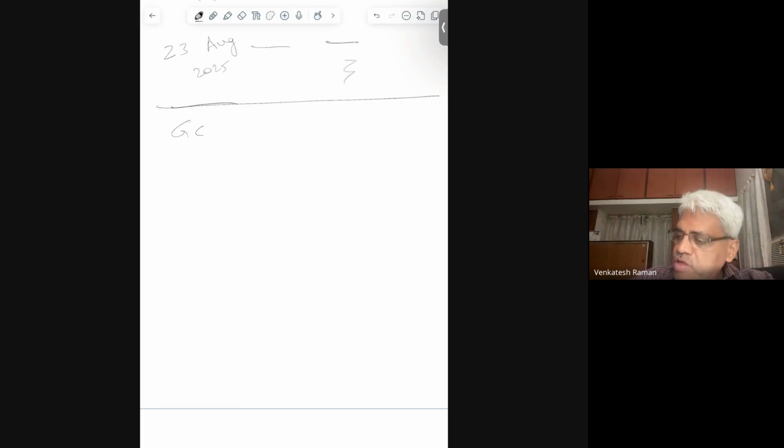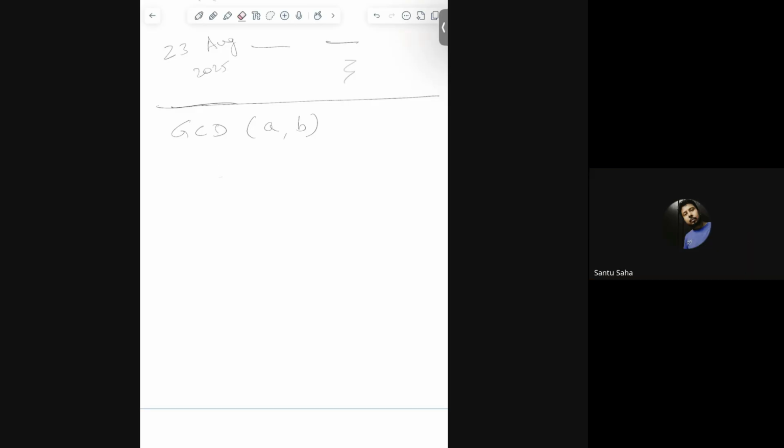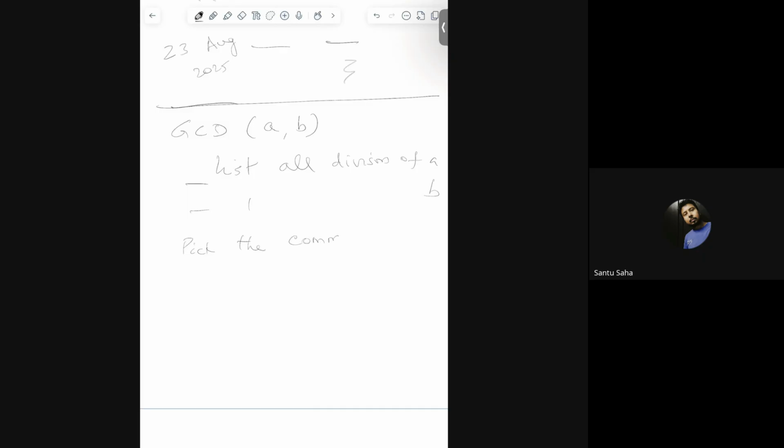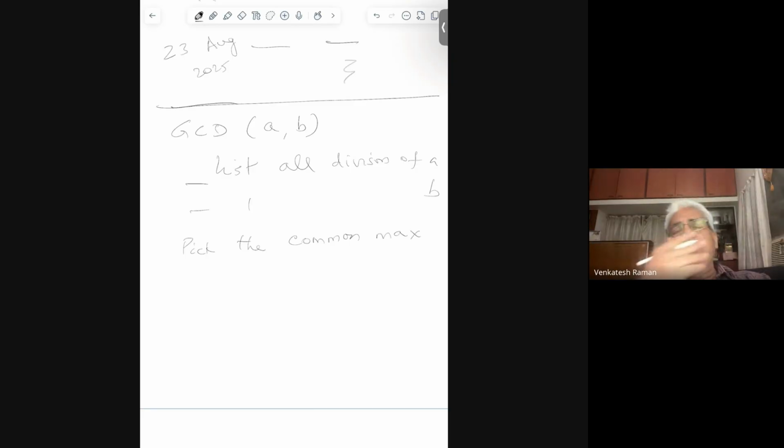I want to find the GCD of some A and B. Your algorithm is to list all divisors of A, list all divisors of B, and pick the common maximum. What is the complexity of this?